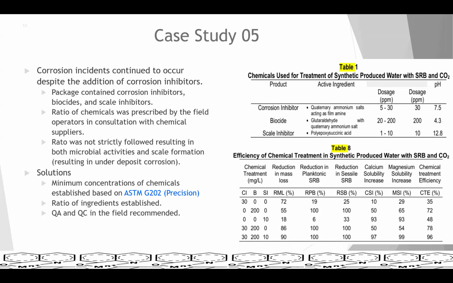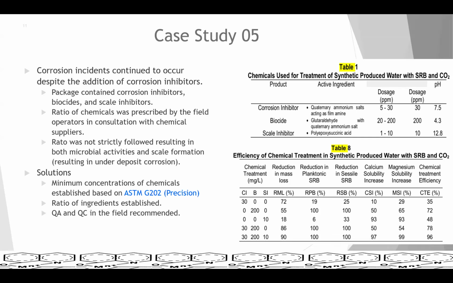This issue was resolved because Antonio systematically went through the various inhibitor packages using ASTM G202 with published precision statements. In fact, Antonio came to Canada because he wanted to do the rotating cage.